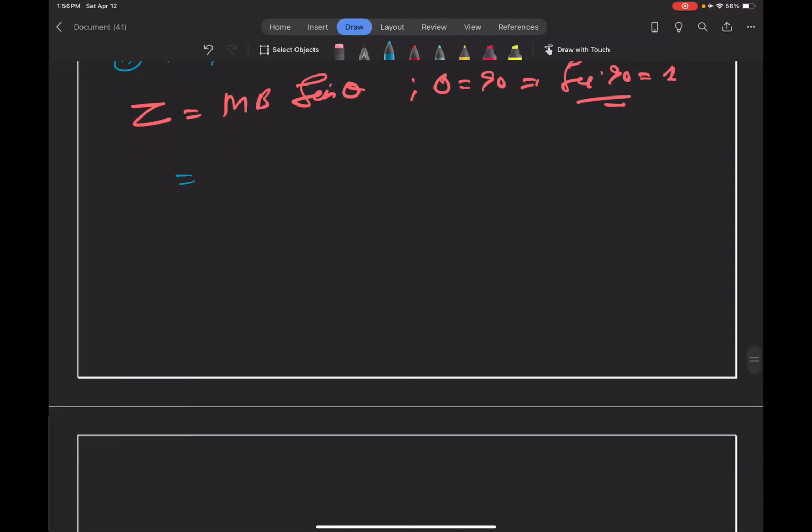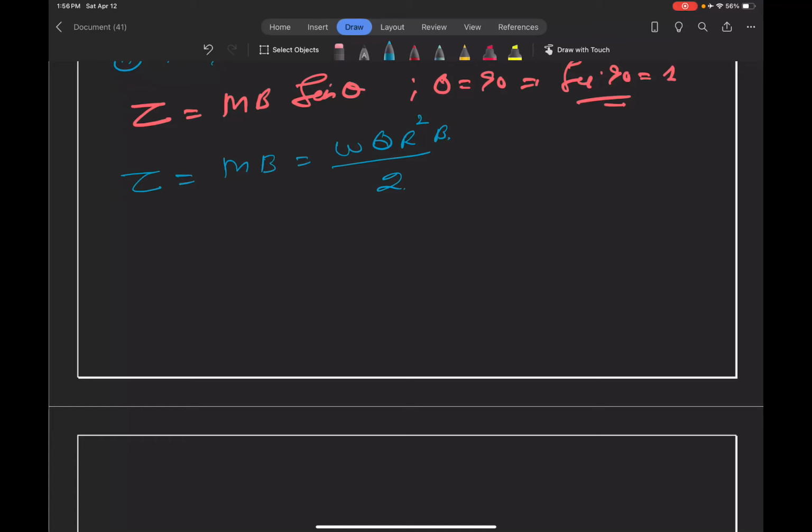So our torque will be equal to m multiplied by b, and we get this as omega q r square b divided by 2. So this is the value of the torque.